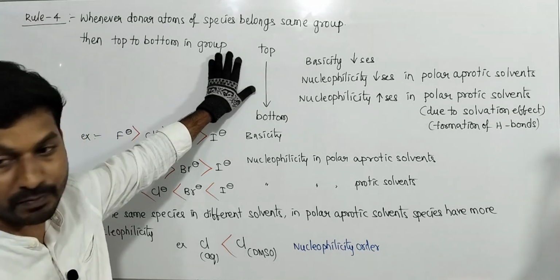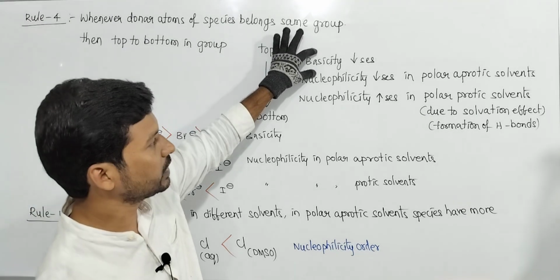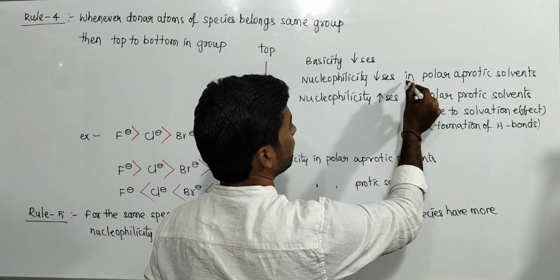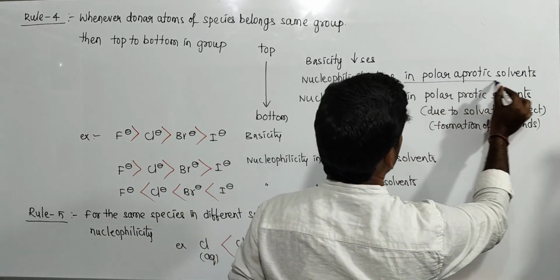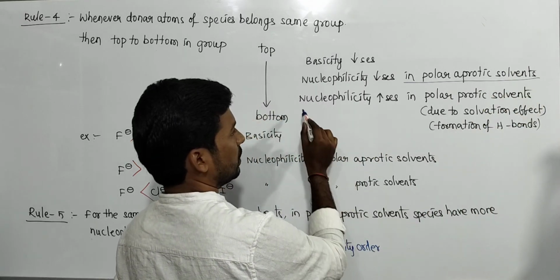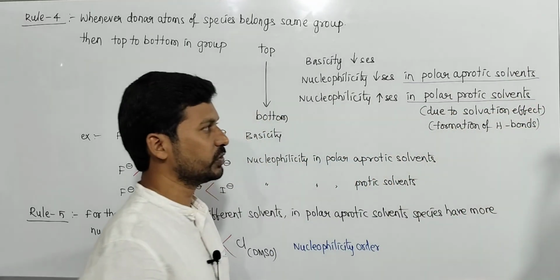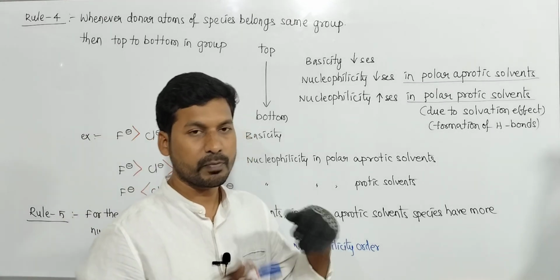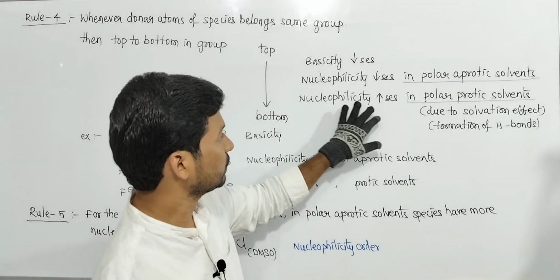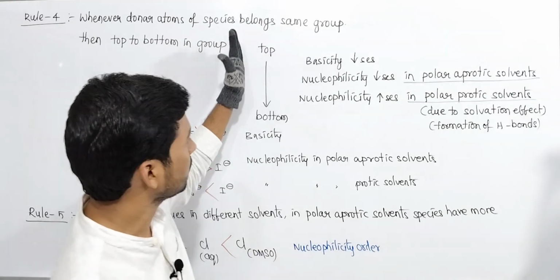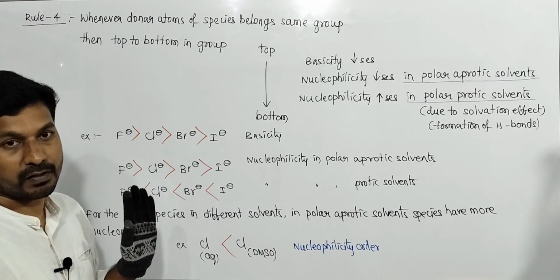From top to bottom in a group, basicity decreases, nucleophilicity also decreases in polar aprotic solvent. Nucleophilicity increases in polar protic solvents due to the solvation effect. Polar protic solvents form hydrogen bonds. That's why nucleophilicity increases. Basicity decreases, nucleophilicity increases from top to bottom.